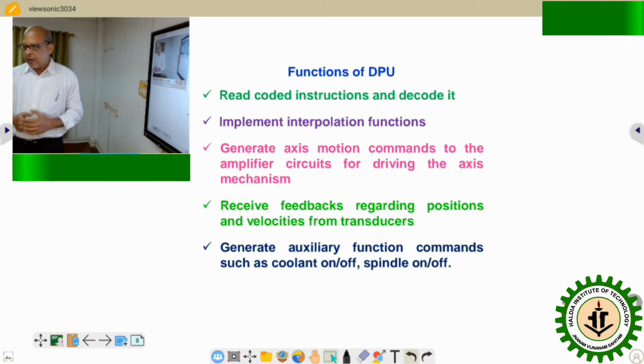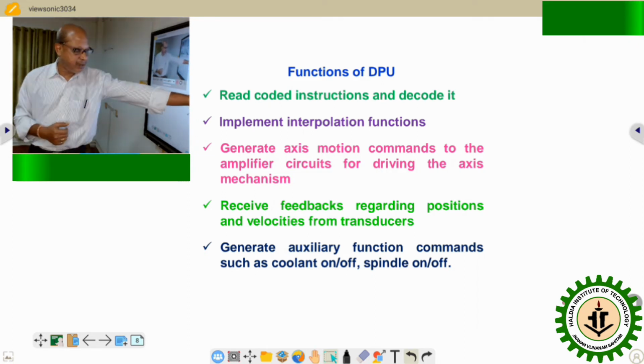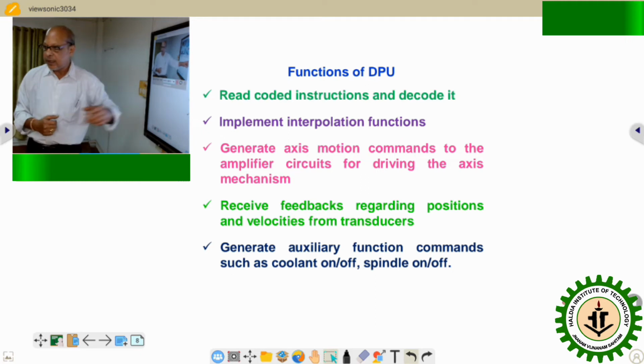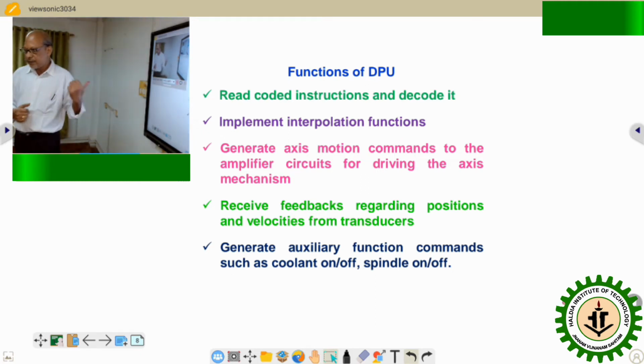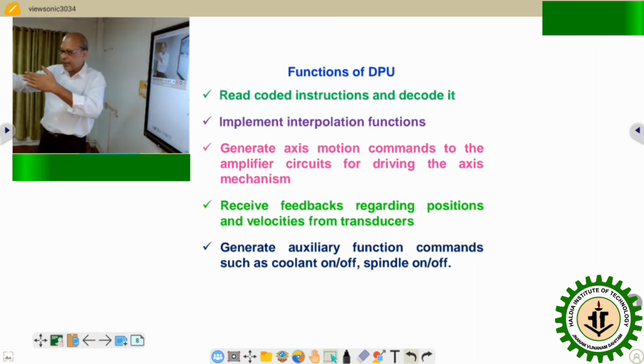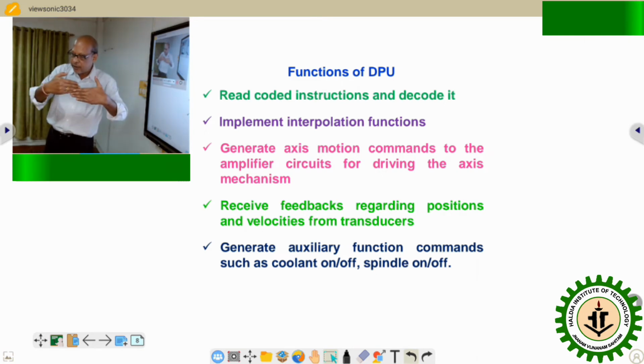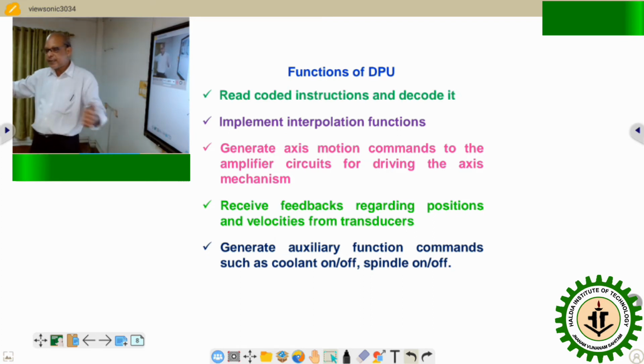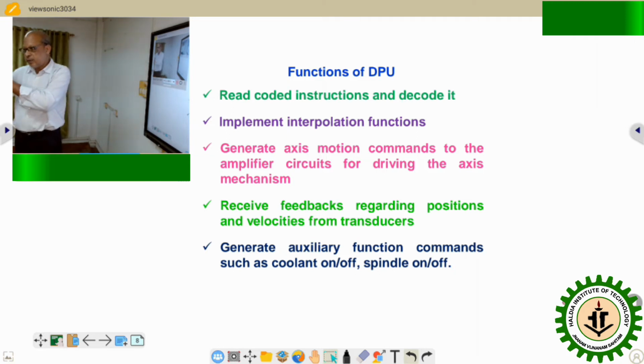So the DPU receives feedback regarding position and velocity from the transducer through the CLU. This is the DPU, this is the CLU. It instructs commands to the CLU, the CLU executes, and while doing so the feedbacks are sent, and the DPU once again receives the instantaneous position and velocity.